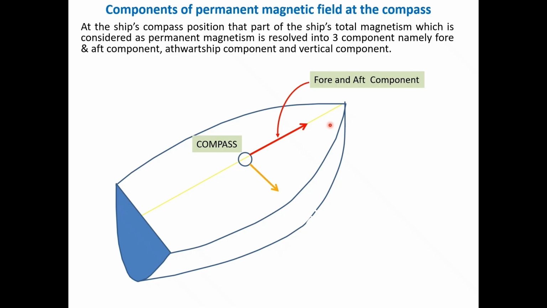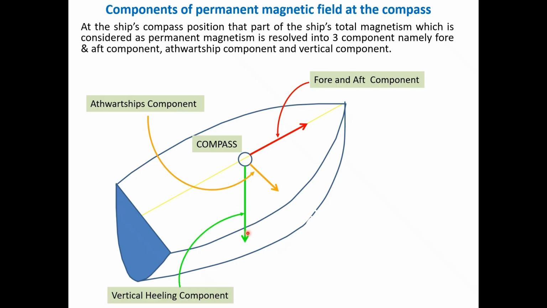The component which runs in the athwart ship direction, we call the ship's athwart ship component, and the component which runs in the vertical direction, we call the ship's vertical component, or ship's R force.